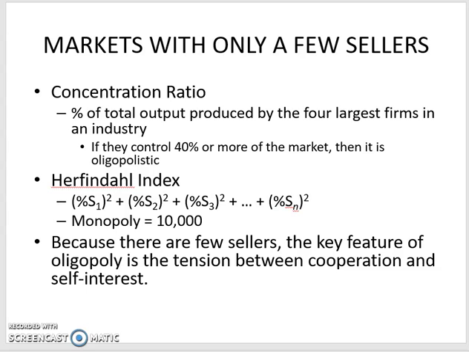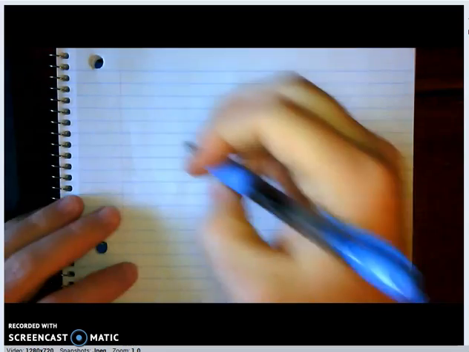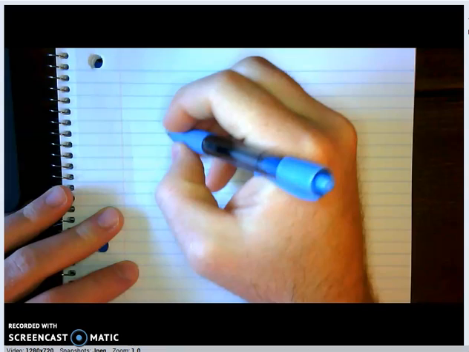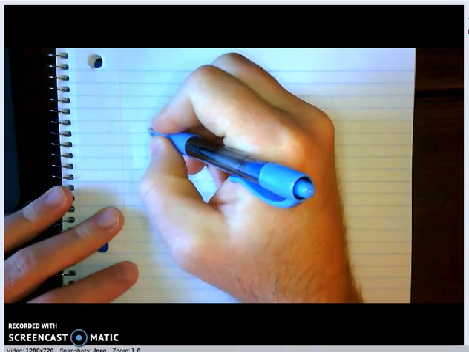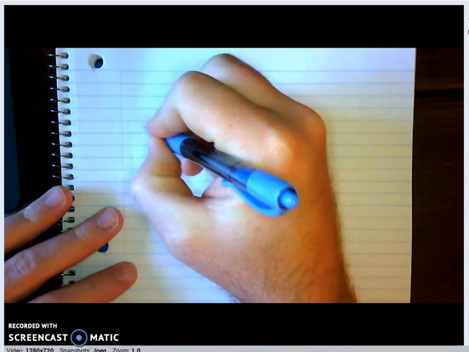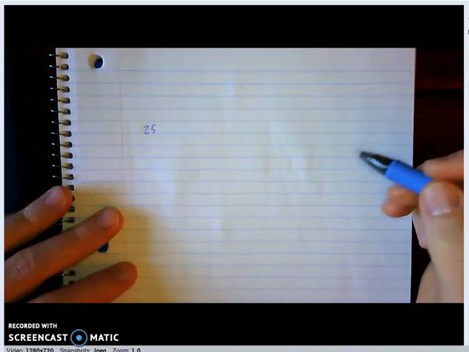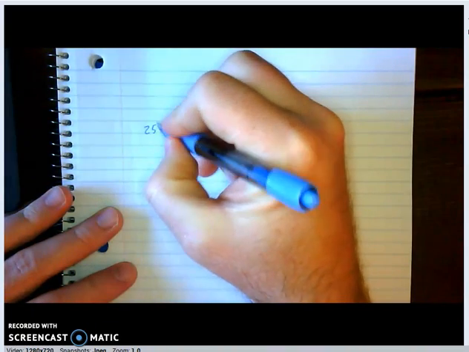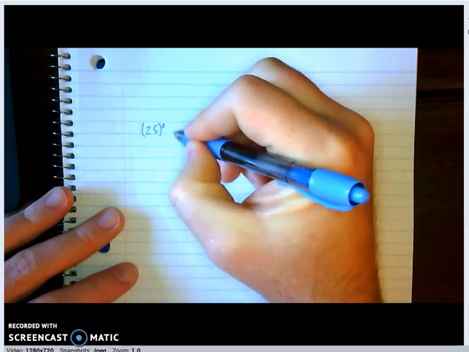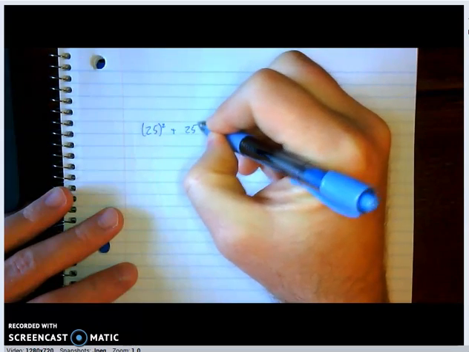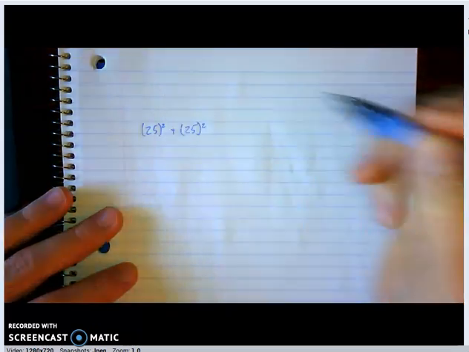So let me give you guys a simple little example here. Say I have one market where the biggest company controls 25%. The biggest concentration ratio is 25%. So that's the first company. And then the second company also controls 25% of the market. So that's 25 squared as well.